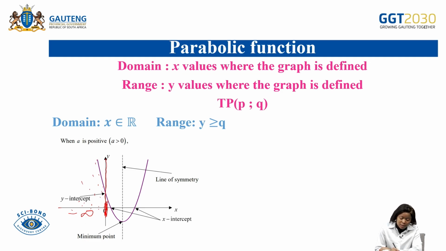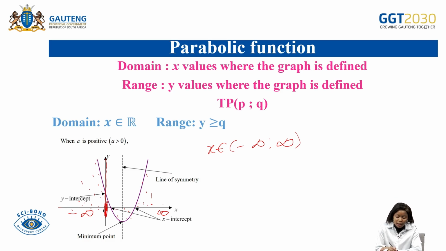And from 0 going this side, the values of x are covered up until positive infinity. So when you are writing your domain, you say x is an element of negative infinity to positive infinity, or you can just say x is an element of the real numbers.